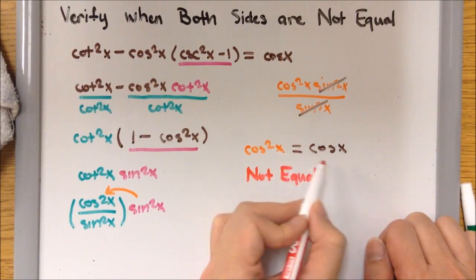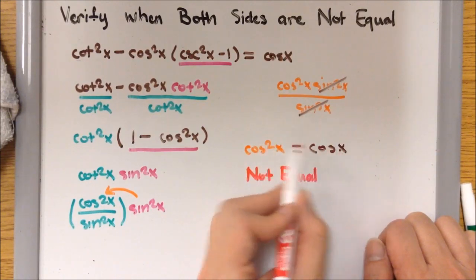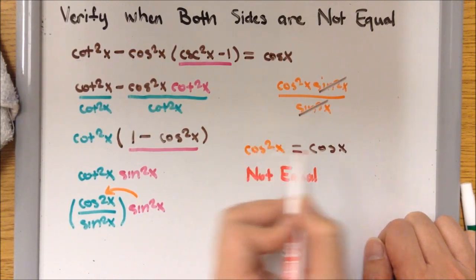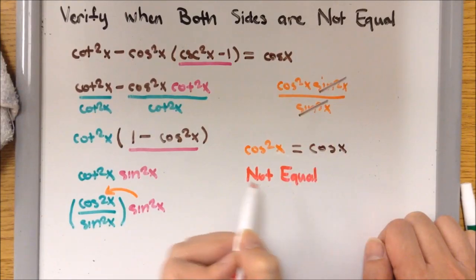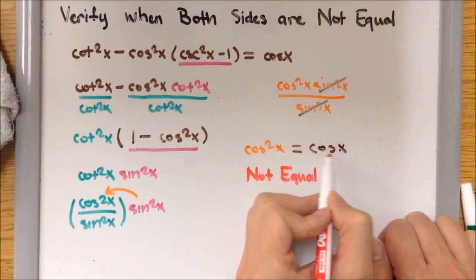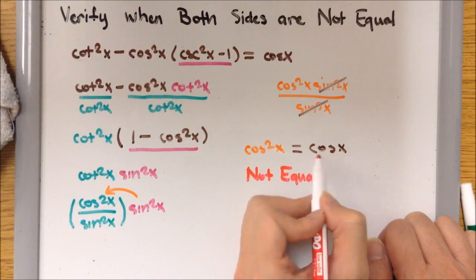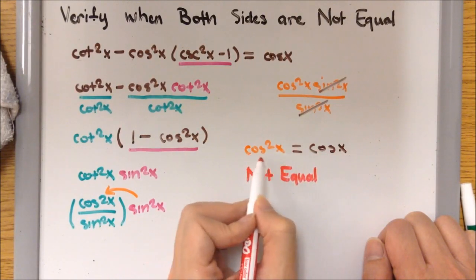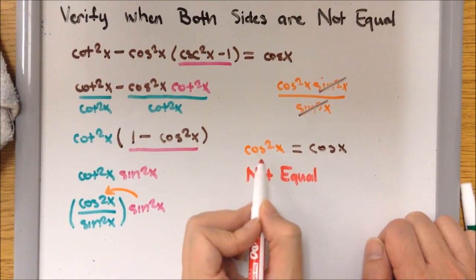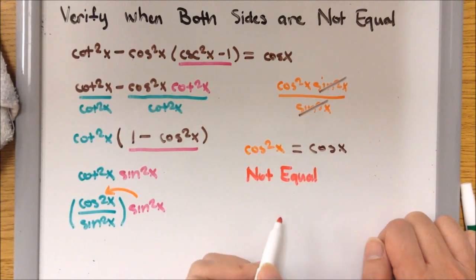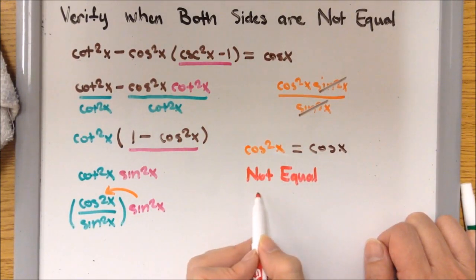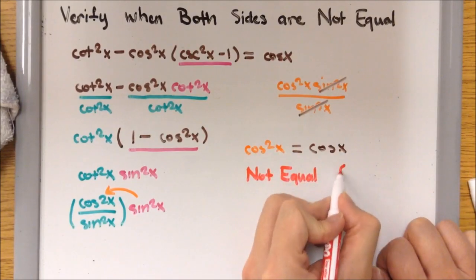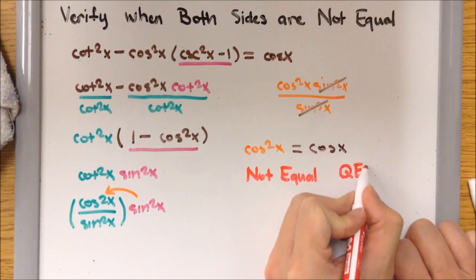So, in order to be the same, they have to have the same exponent. If it was squared on the left, it has to be squared on the right. If there was no exponent, meaning just a power of 1, like the right side, then the left side should have the same exponent as the right side, cosine x, which in this case it's not. So it's not equal on both sides, and I'm going to write QED saying that I'm finished with my work.